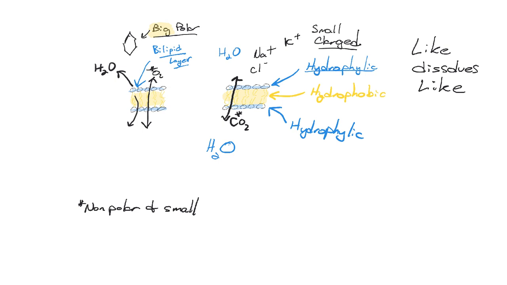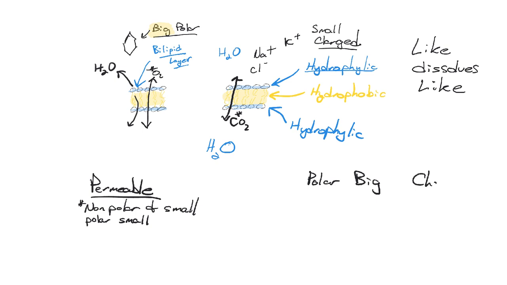So that's for nonpolar and small, for polar and small. That's what we call permeable. You don't need any help with these molecules. But anything that's polar and big or charged, you're going to need help.